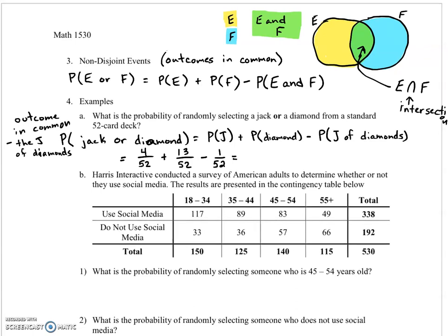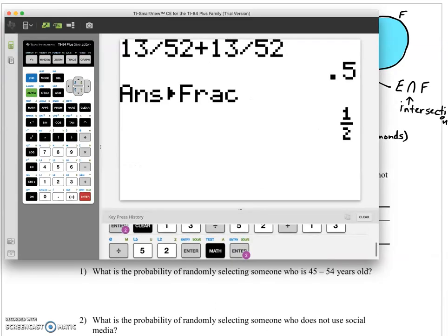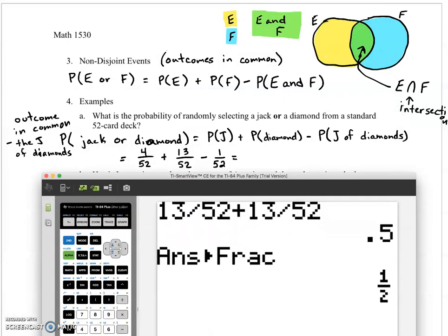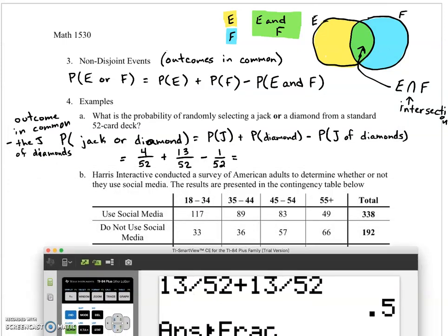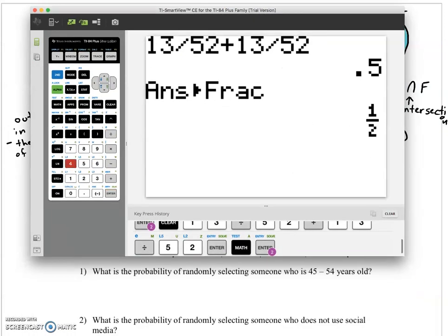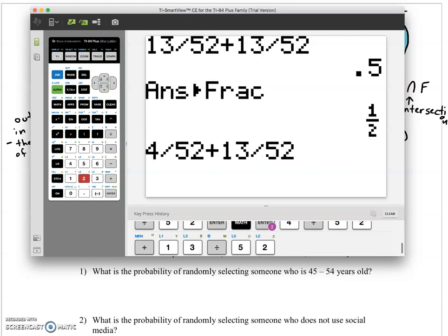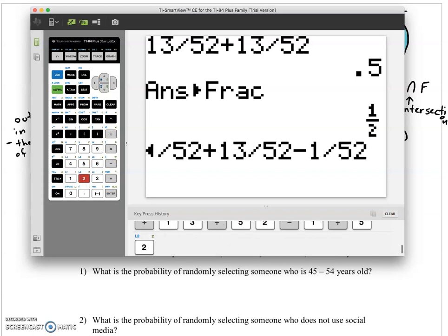So again, we can put that in the calculator. We would just type 4 divided by 52 plus 13 divided by 52 minus 1 divided by 52.